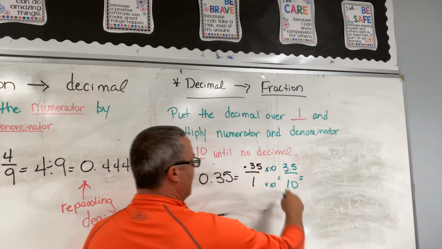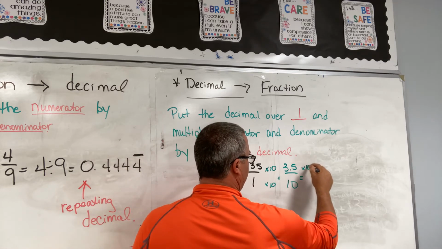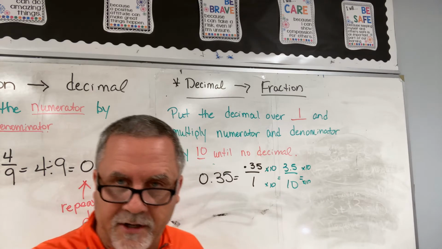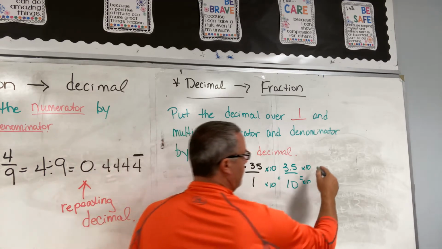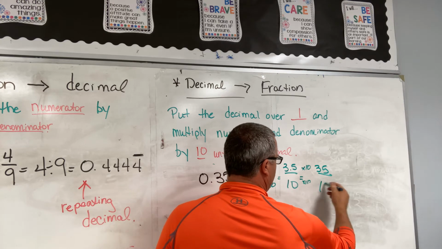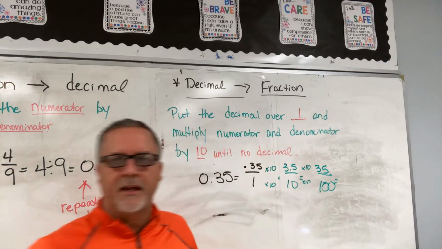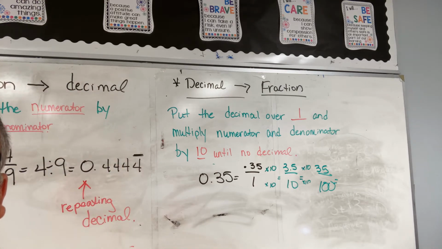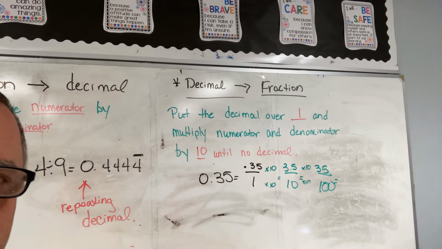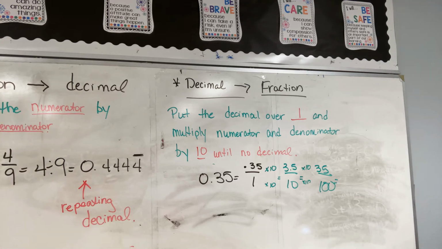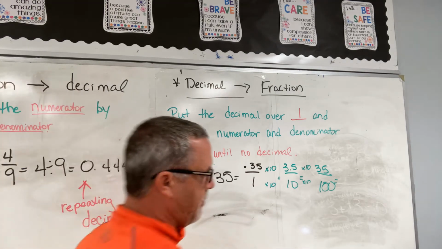That gives us times 10, times 10. You should get, if you're using a calculator, 3.5 times 10, 35 over 100. Now, 35 over 100, you should recognize that that can be reduced. You can put 5 into both.